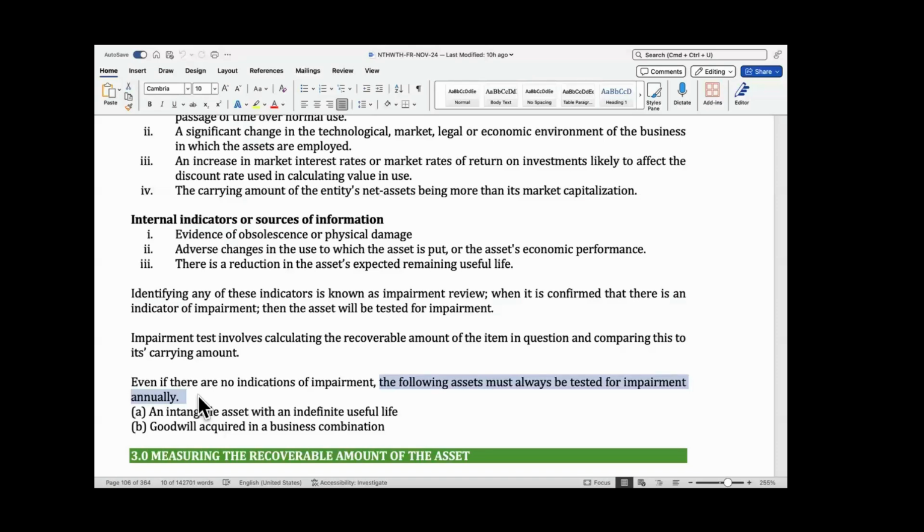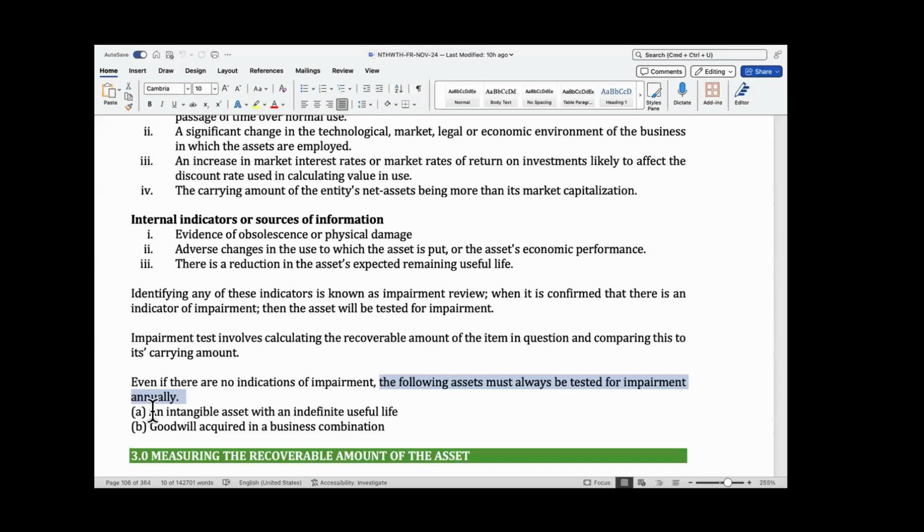That means if they are not present, you will not have to test. But now we are saying that even if there are no indicators, there are some assets that every year, whether there is an indicator or not, you have to test them for impairment every year.